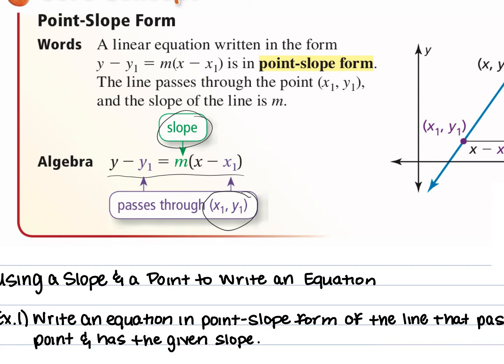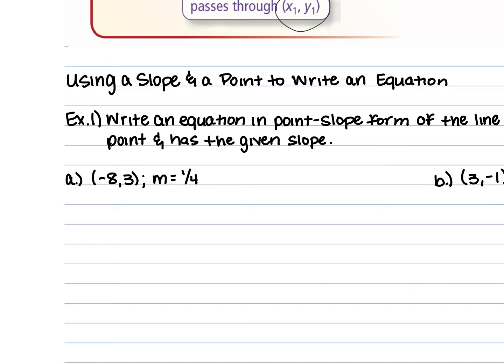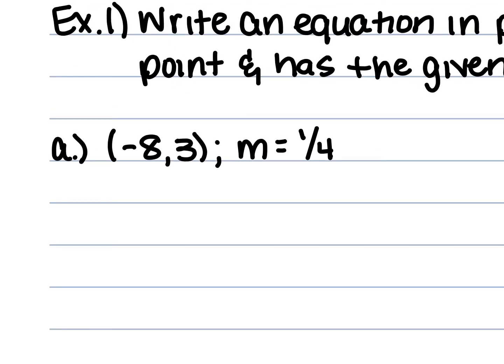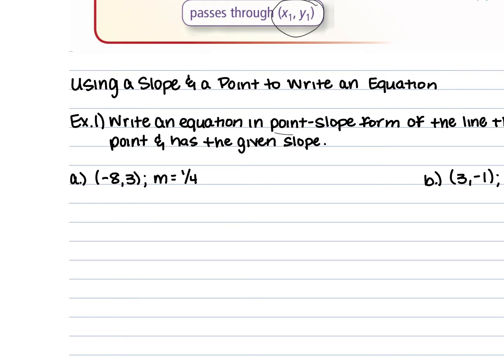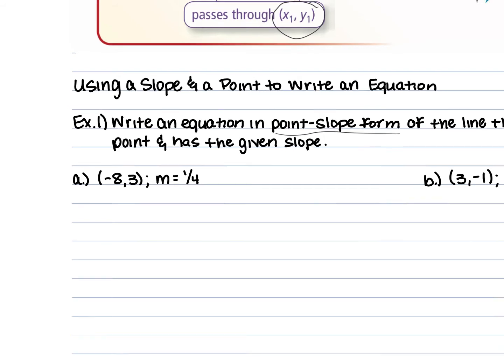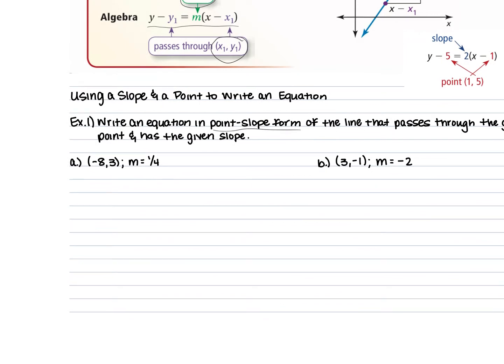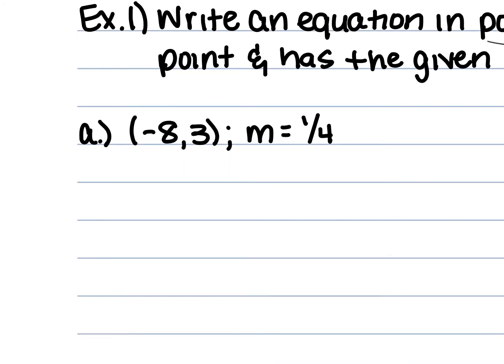All right, let's try one. So, in letter A, okay, we're given a point and we're given the slope. And in the instructions, it says write an equation in point slope form, not slope intercept form, of the line that passes through the given point and has the given slope. This point in the past was the y-intercept. Do you guys agree?